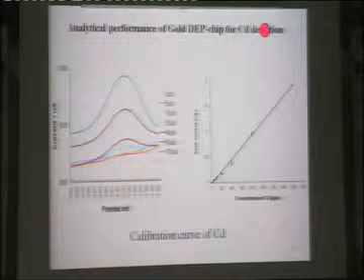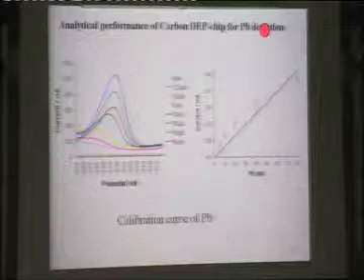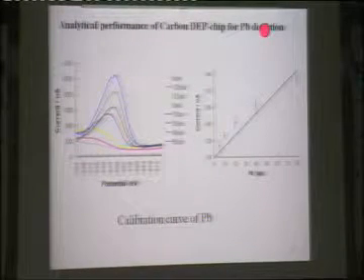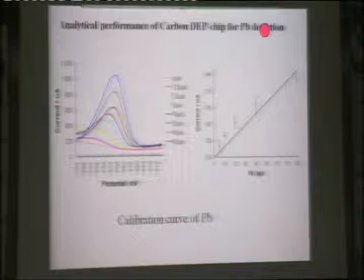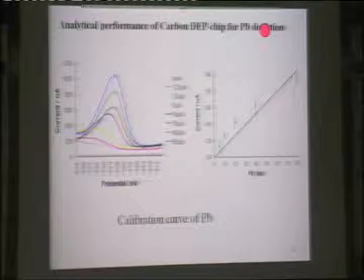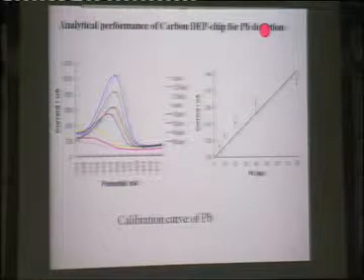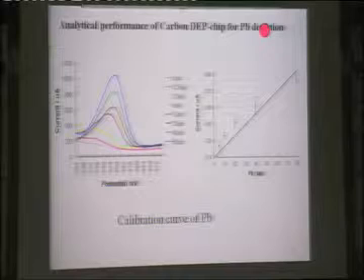The range we can detect is from 5 to 160 ppb, and according to the standard deviation of the blank sample, we determine the lower limit of detection of cadmium is around 1 ppb.